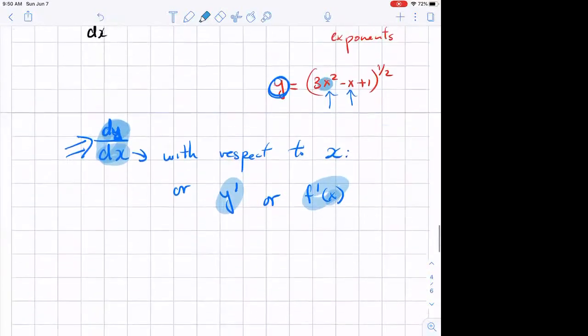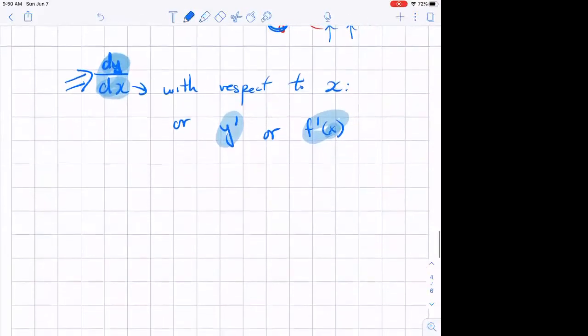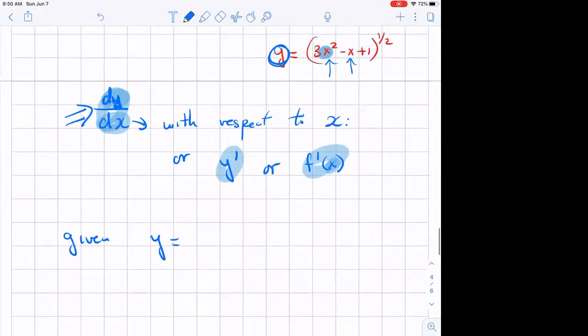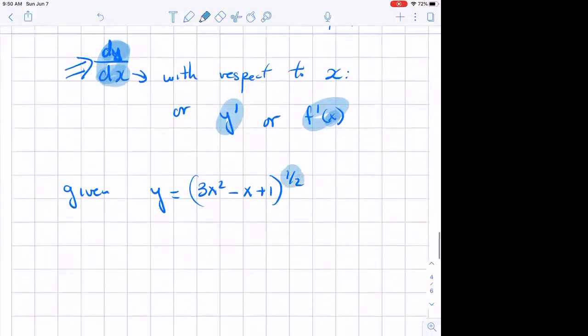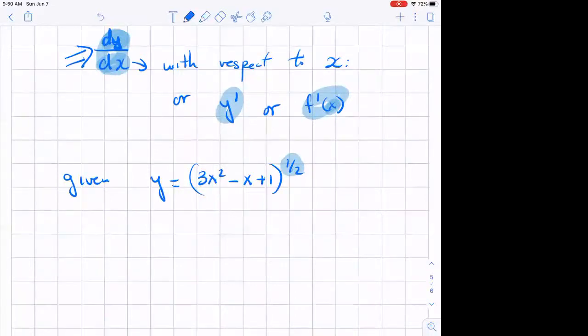So you're given y equals (3x squared minus x plus 1) raised to the 1/2 power. The power here is 1/2. So y prime is equal to power first. Always start out with the power: 1/2 times (3x squared minus x plus 1), and we subtract 1.